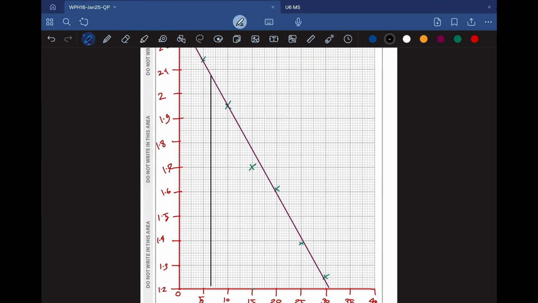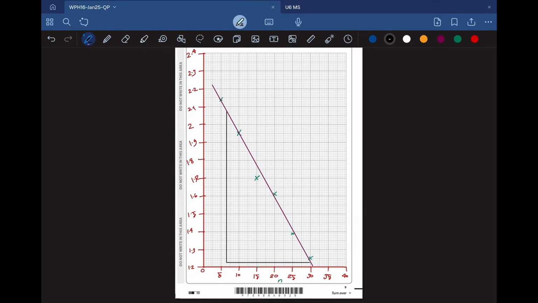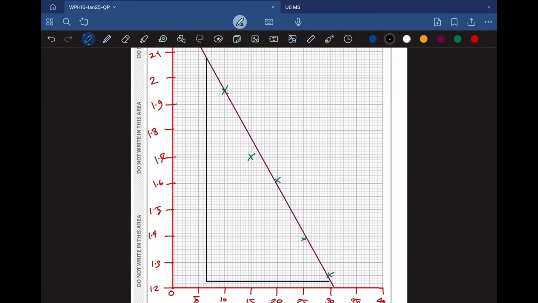So from here it can be up to this, and then we can connect it like this. Okay, so this is the triangle that we can take. Now here we can see one thing.